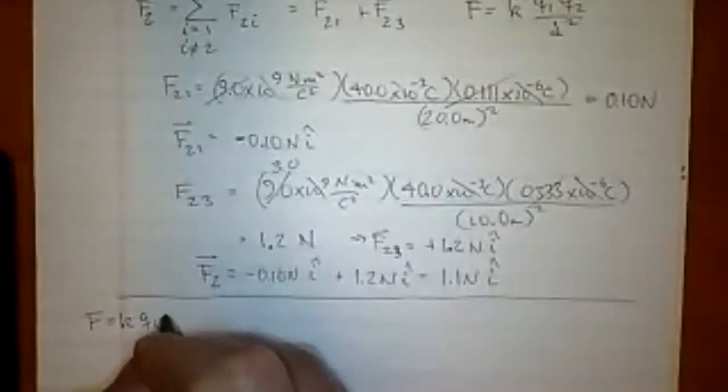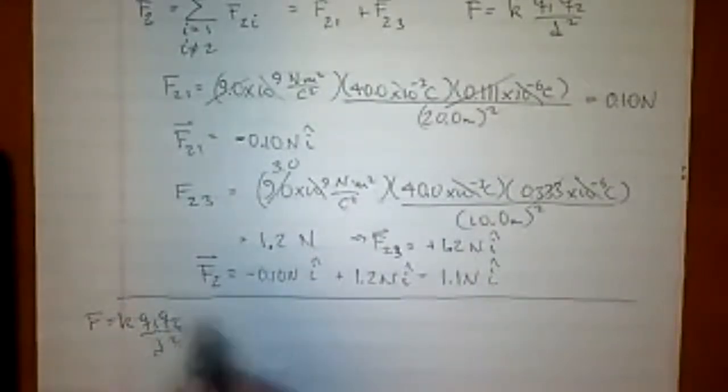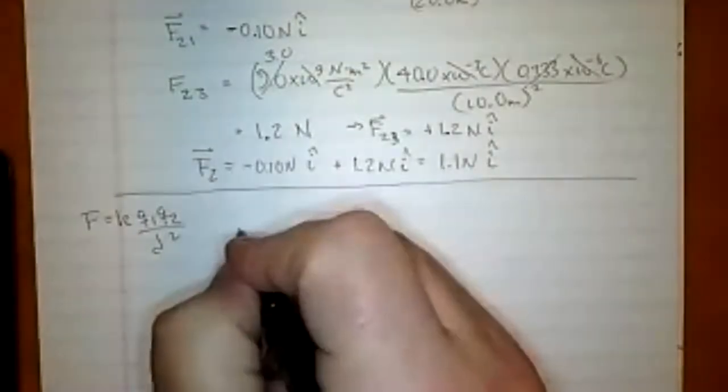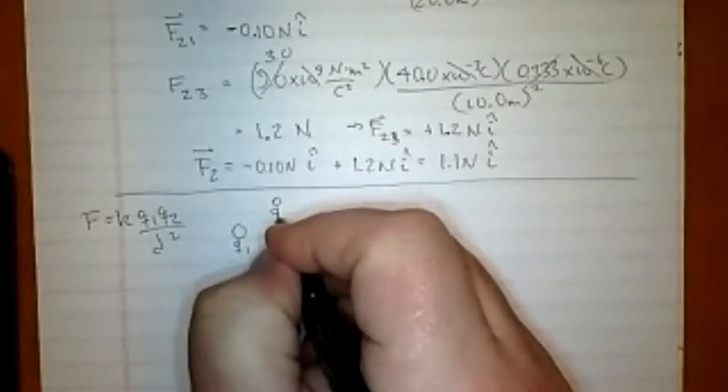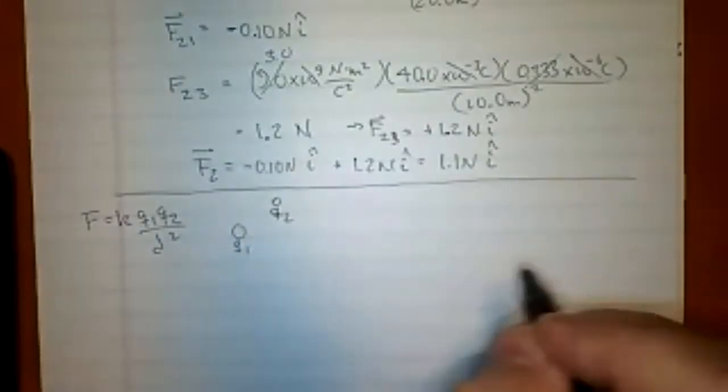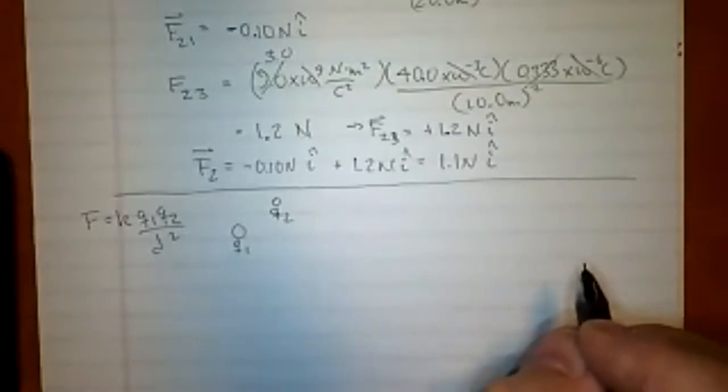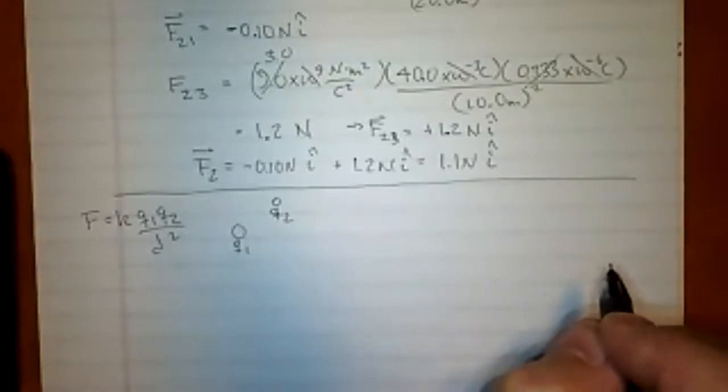Well, mathematically what they did is they imagined instead of having two forces on the same plane of existence, they would do something like this instead. So instead of thinking about F equals k q1 q2 over d squared, where you had a charge q1 and a charge q2, they said, let's think of one of these charges as the source, and the other as the particle that's experiencing the force.